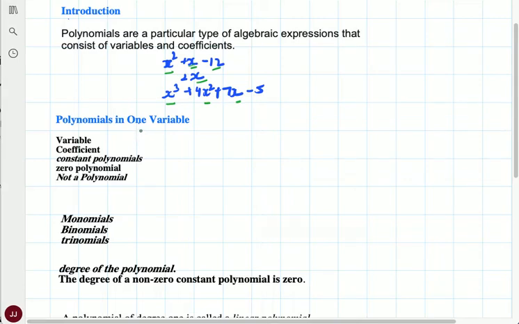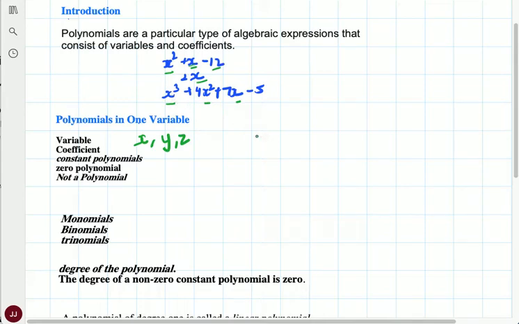So a variable is denoted by a symbol, right? Here we are talking about variable x. It can also be y, it can also be z. It doesn't matter, so we can have any symbol for the variables.